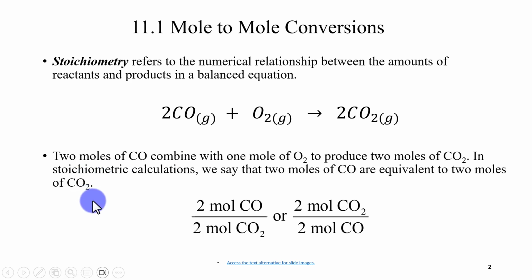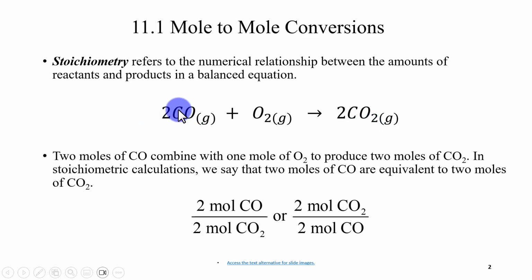So in this problem over here, I have stoichiometric calculations in which I start out with 2 moles of CO, use up 1 mole of oxygen to give me 2 moles of CO2.